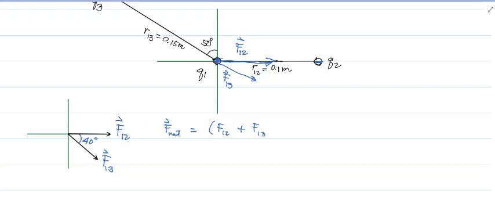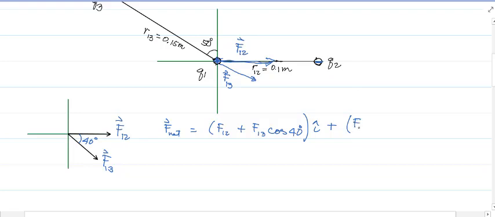So by component, the component of F13 along the x-axis is just equal to F13 cosine 40 degrees. So this is our x component or the i hat, and then plus our y component. We only have one vector component. So F13, but downward, so negative. And this is sine 40 degrees, j hat.